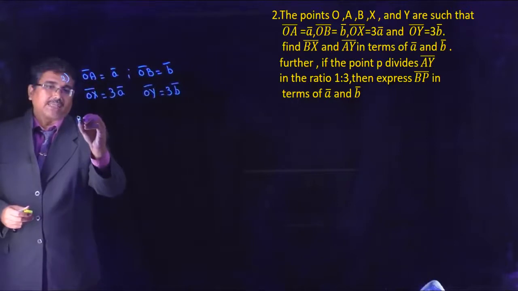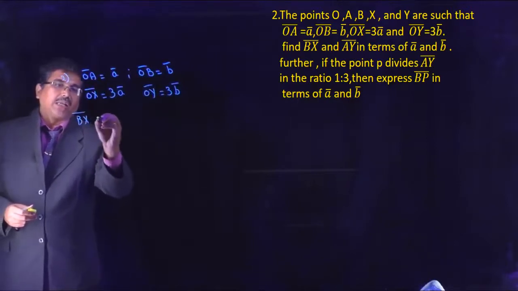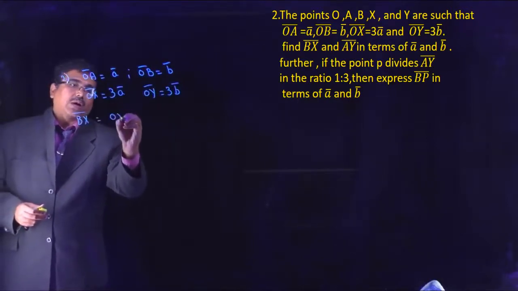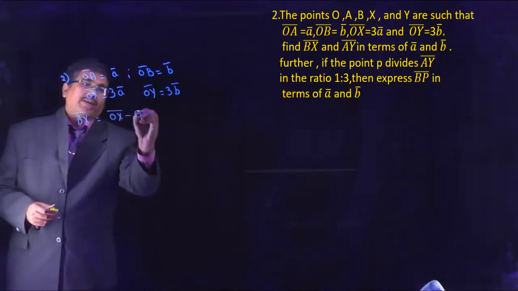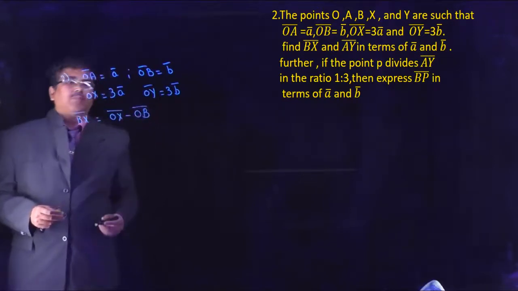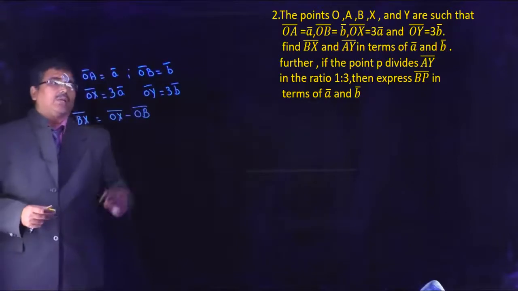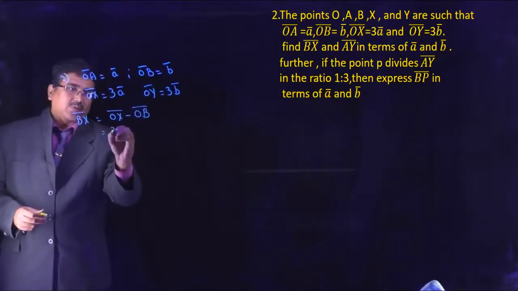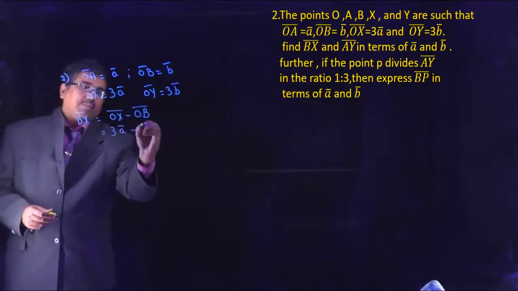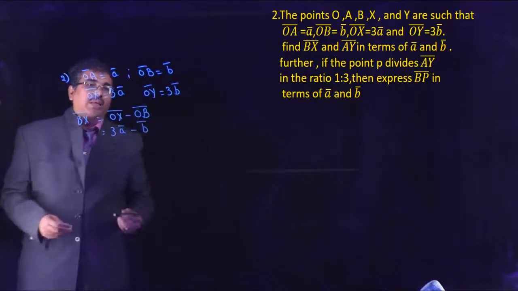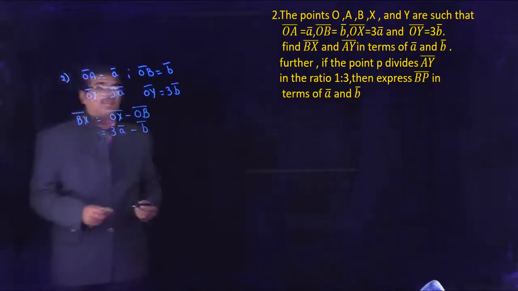Write BX bar, that can be written as OX bar minus OB bar. OX bar is 3A bar minus OB bar, that is B bar.